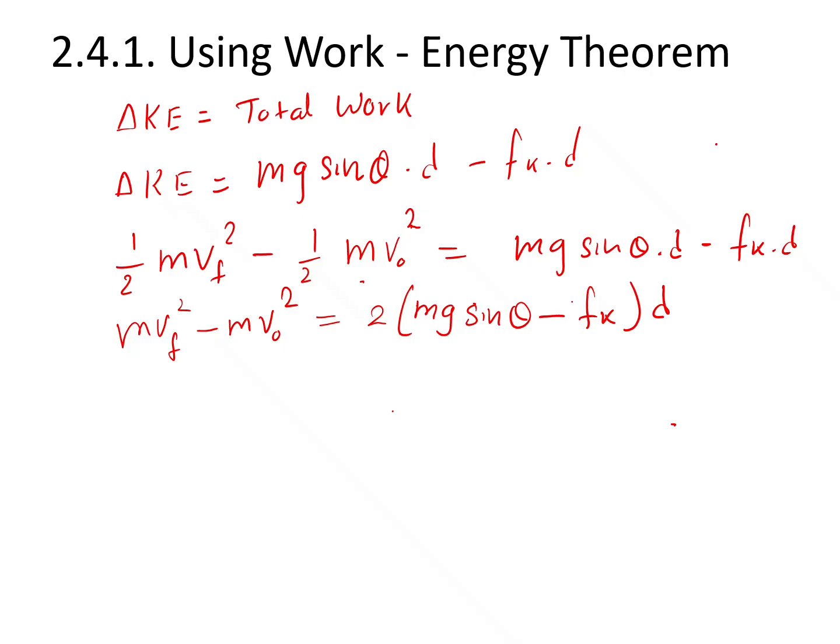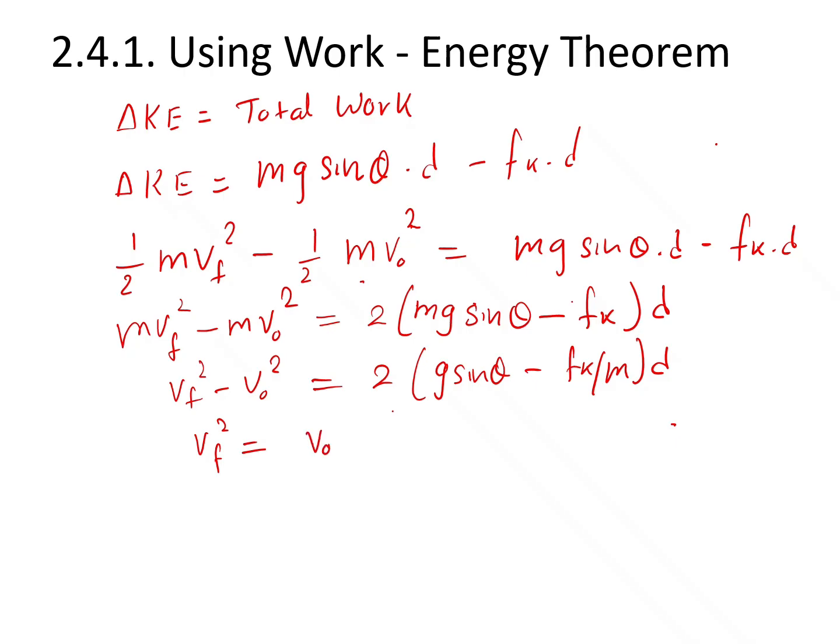Then we divide both sides by m. We get v final squared minus v initial squared equals 2 times (g sine theta minus Fk divided by m) times d. We bring the initial velocity squared to the right-hand side, so we get v final squared equals v initial squared plus 2 times (g sine theta minus Fk divided by m) times d. The square root of this will give us the final velocity.